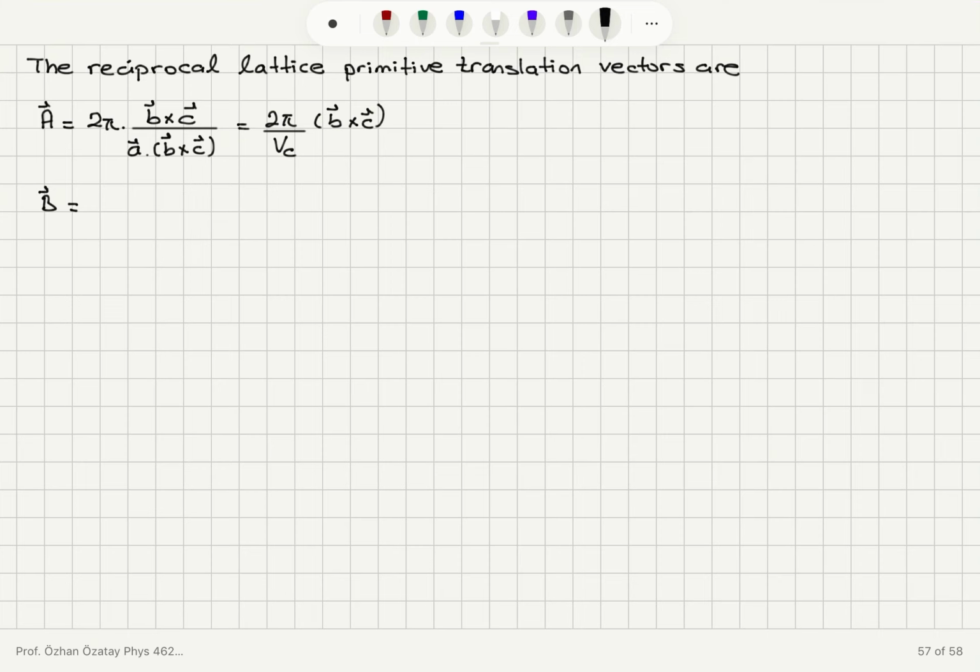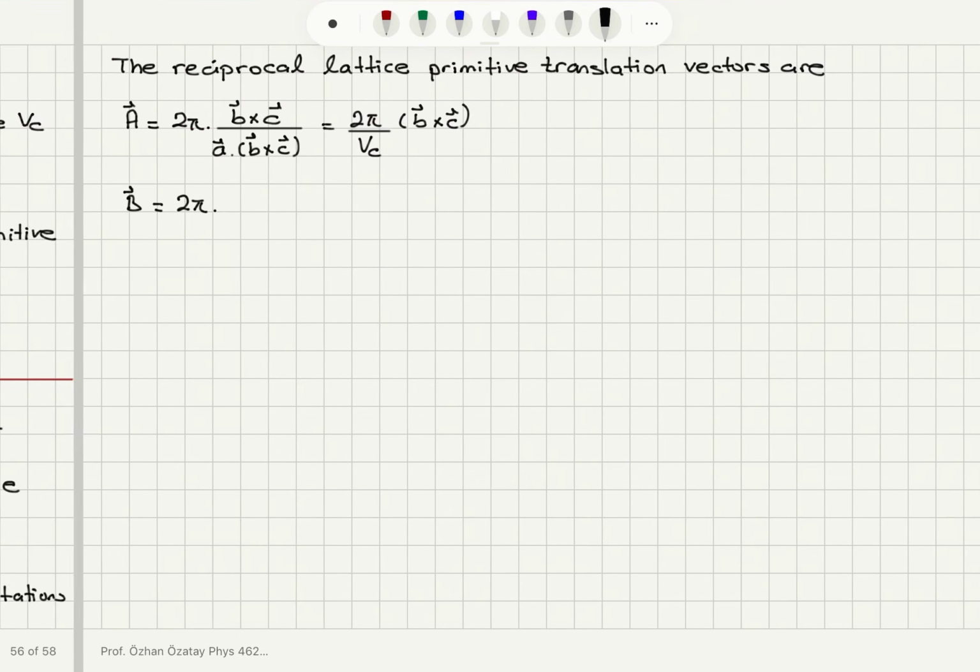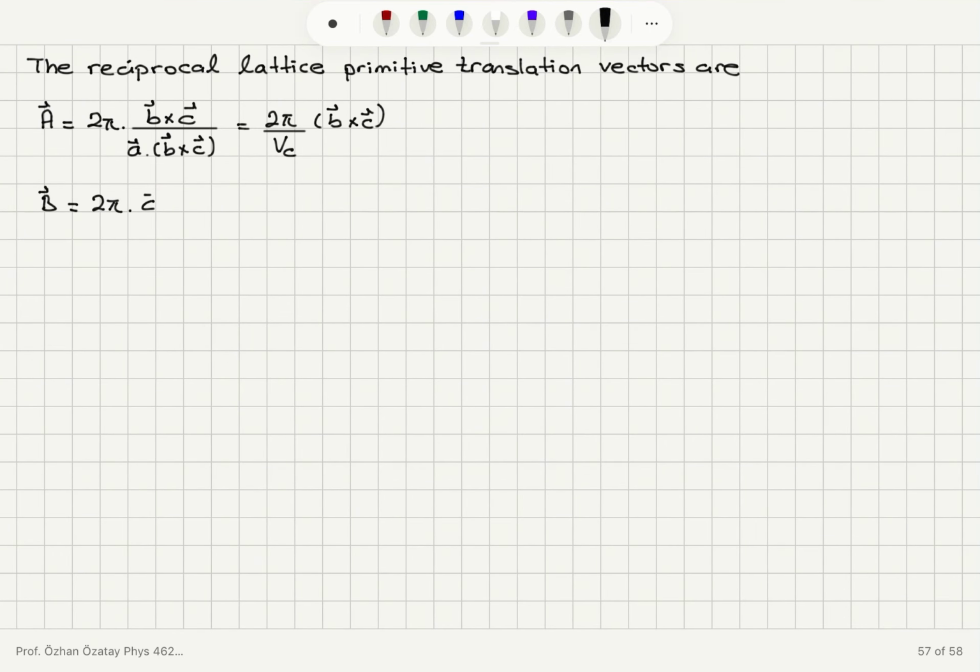Capital B is similarly following cyclic permutations. Now B cross C, I will do C cross A. C cross A divided by B dot C cross A, which is 2 pi divided by volume of the primitive cell, Vc, C cross A. And how do I find the third primitive translation vector, capital C?